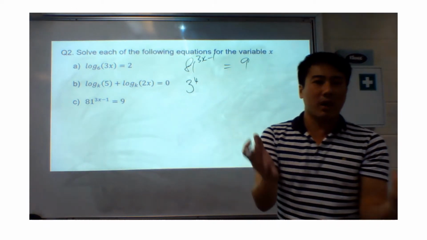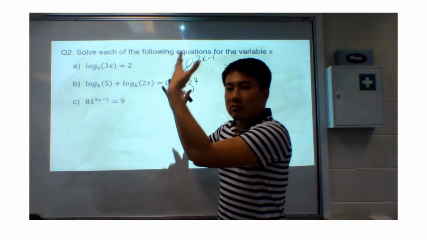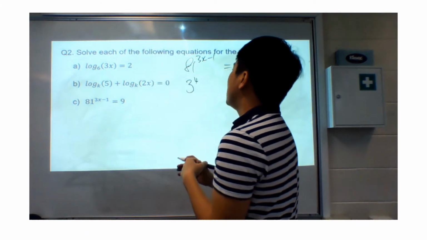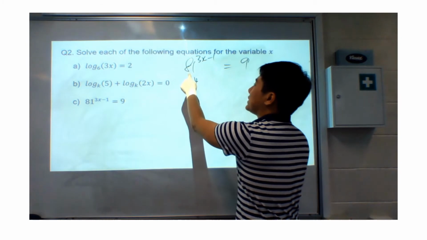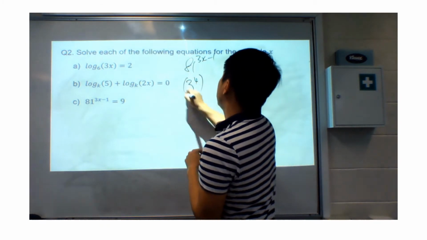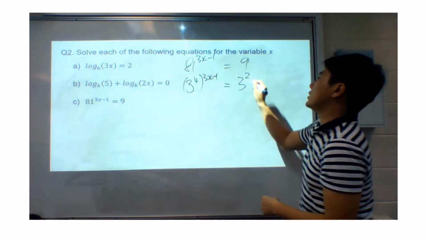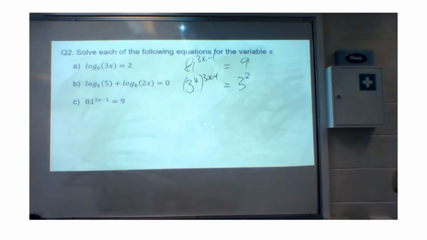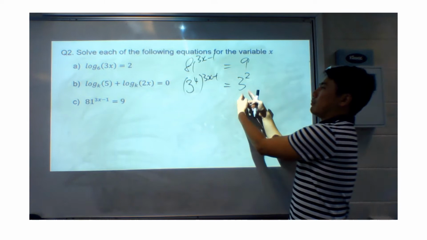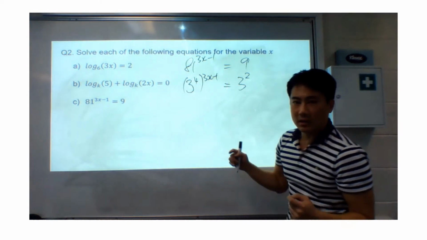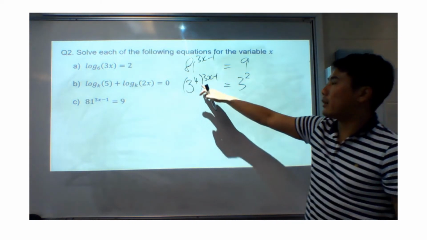So you can rewrite that, and then things will look a little bit more optimistic. So let's replace 81 by 3 to the power of 4, 3x take 1, and then you're going to rewrite 9 as 3 squared. Now we're getting close. I need to have both of these under the same base. Remember our index laws.